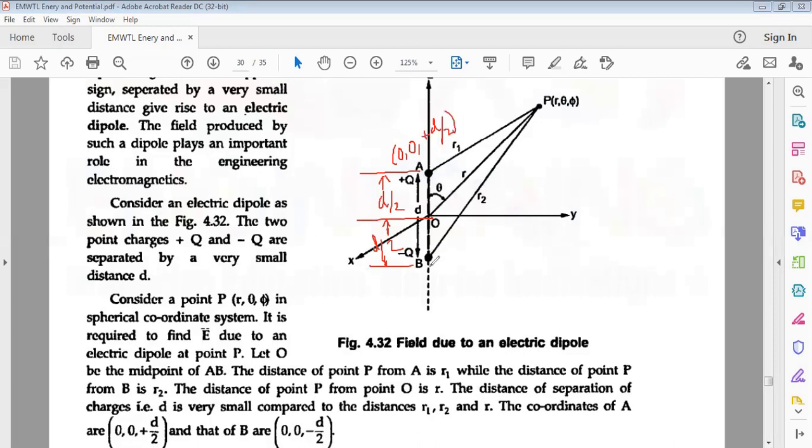And B is also on the z-axis, so the x value is 0 and the y value is 0, and because it is on the negative z-axis, the z value is minus d/2. So these are the distances from the origin to the points A and B, and the coordinates on the positive and negative z-axis.